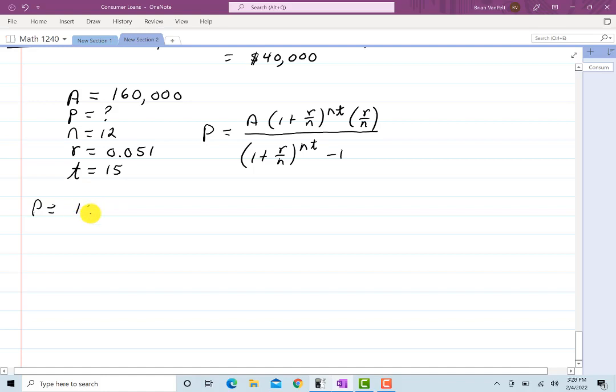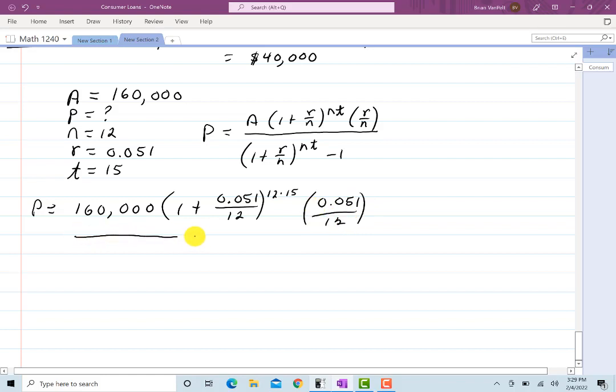So we're financing $160,000. 1 plus 0.051 divided by 12, to the 12 times 15. Remember, that's equal to 180. Times 0.051 divided by 12. And all of that is divided by 1 plus 0.051 over 12 to the 12 times 15, minus 1.